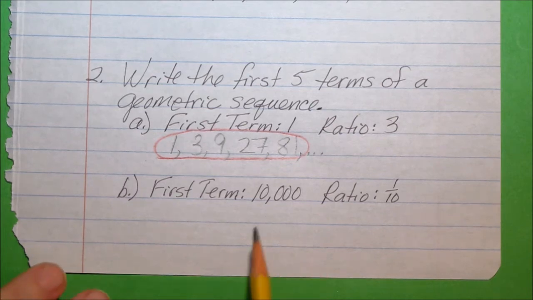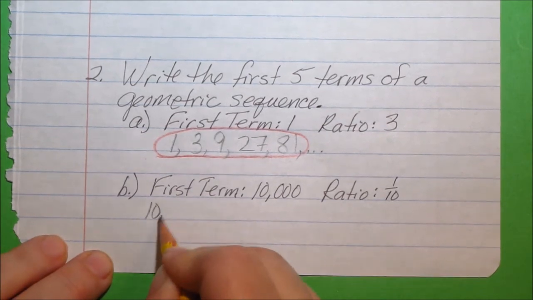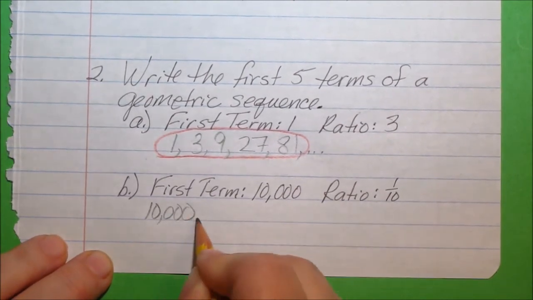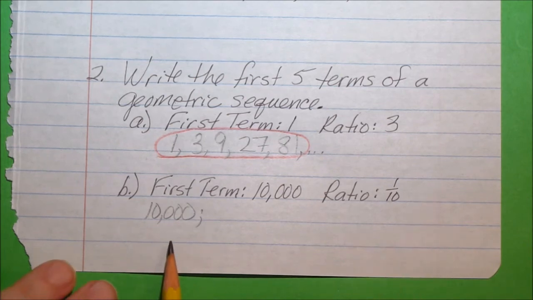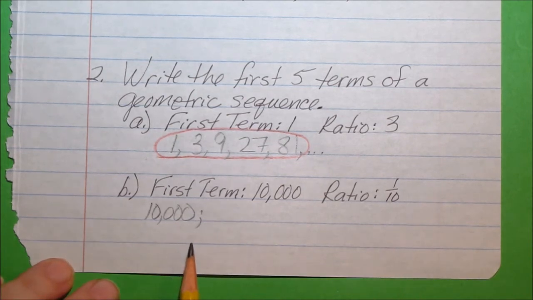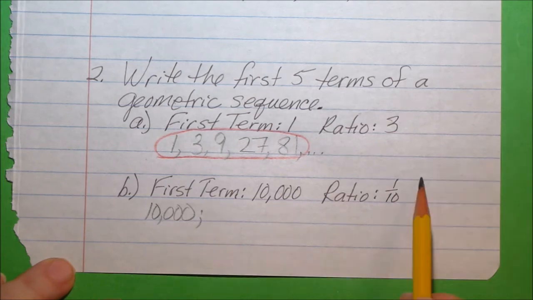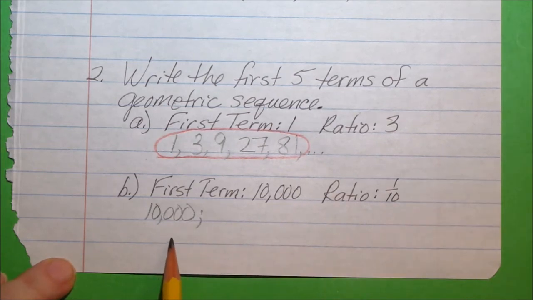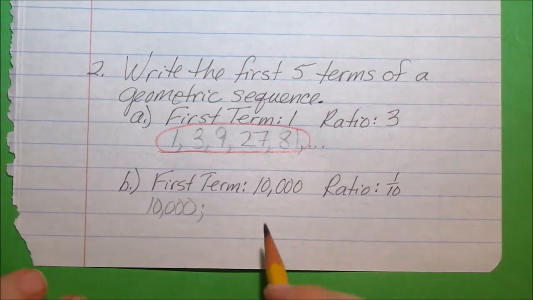All right, so on this one, our first term is 10,000, and I'm going to put a semicolon there. We're going to be multiplying by 1/10. Well, when you multiply 10,000 by 1/10, if I put this over 1 and then multiplied 10,000 by 1 and had it over 10, well then 10 goes into 10,000 1,000 times.